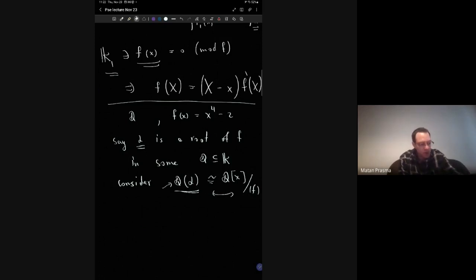We saw that K[x] modulo f contains a root of f, which just for clarity I denoted as alpha. But alpha is really this remainder polynomial x, thought of as in this field K1.